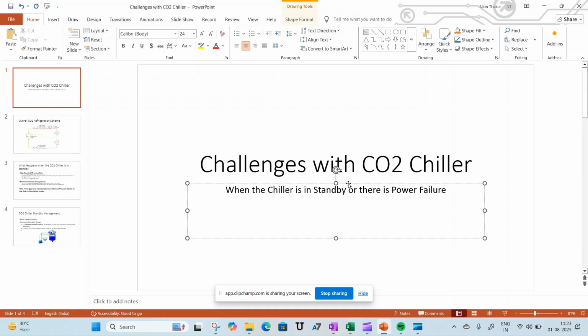So, what is the difference between, let's say, a normal Freon or a typical ammonia chiller, compared to that, if there is a power failure, what is something different that we have to do while designing the CO2 chiller?